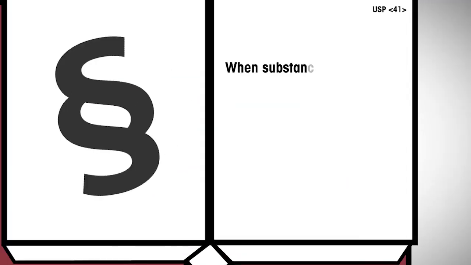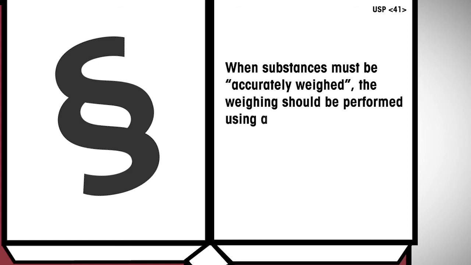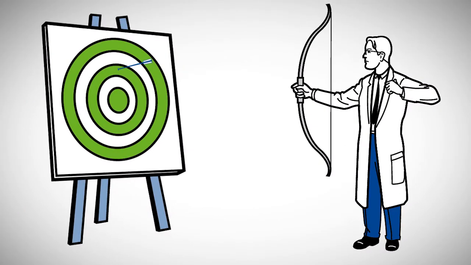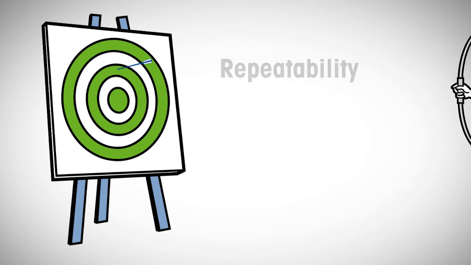USP 41 now also requires testing for accuracy. When substances must be accurately weighed, the weighing should be performed using a calibrated balance that meets the requirements defined for repeatability and accuracy. What's the difference between the two?